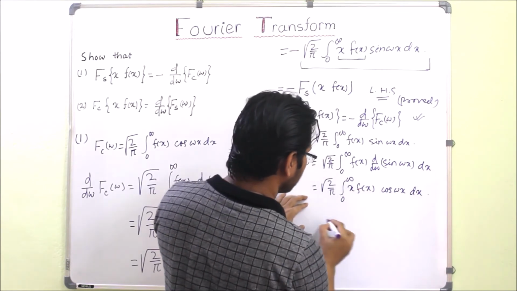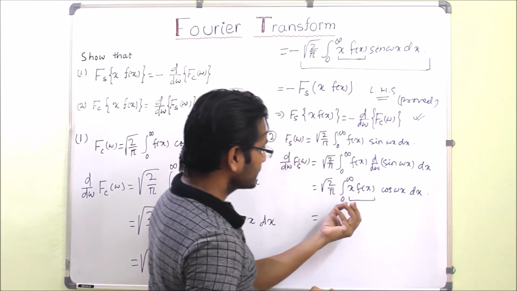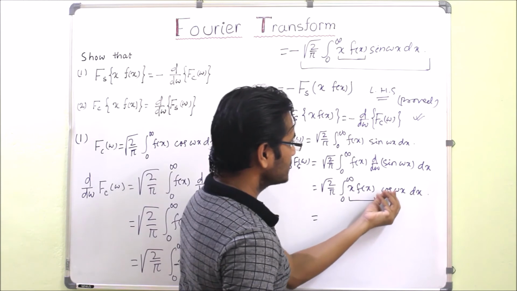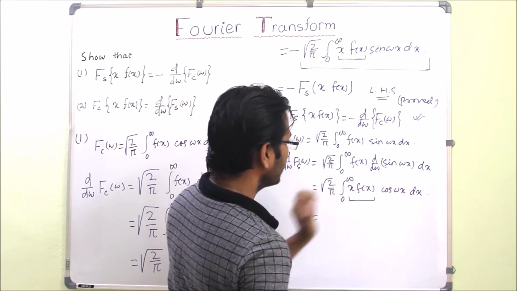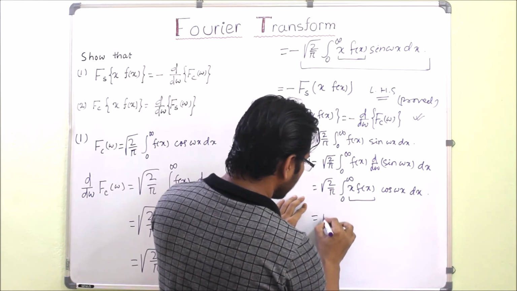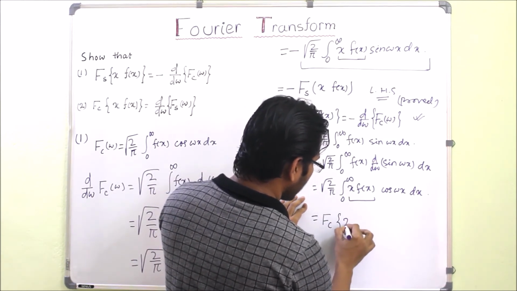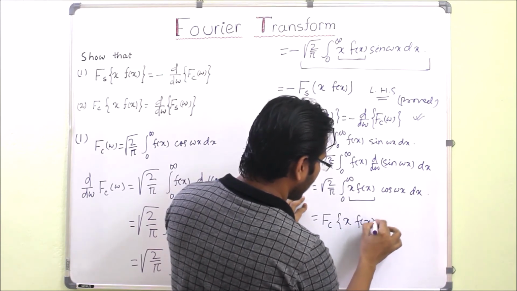So in this expression, again if you see x f of x as one function, then that function into cos wx dx is in the form of the Fourier cosine transform. So this will be the Fourier cosine transform of x f of x.